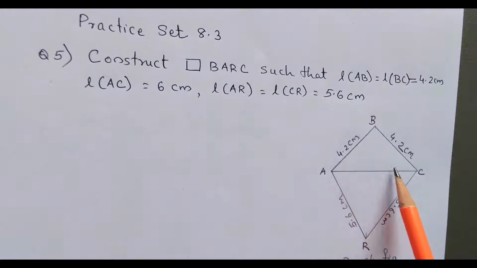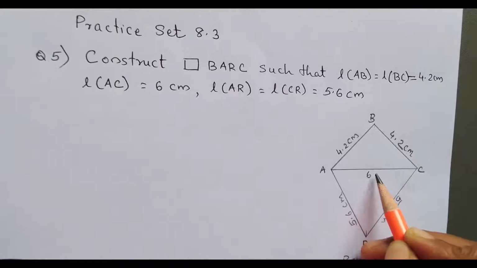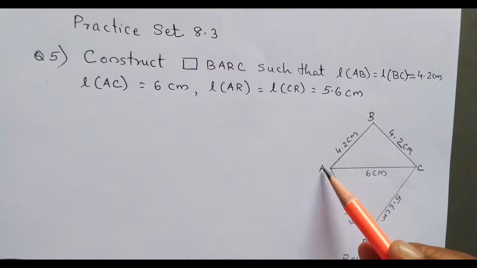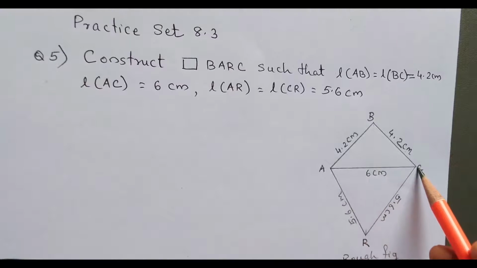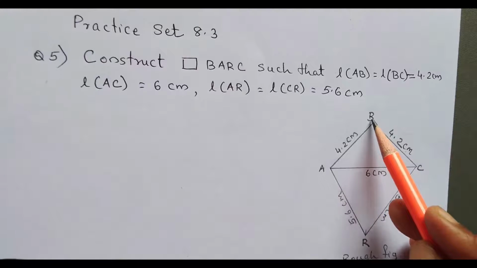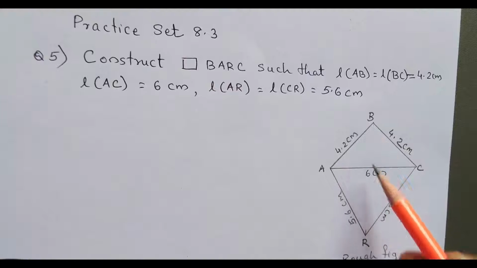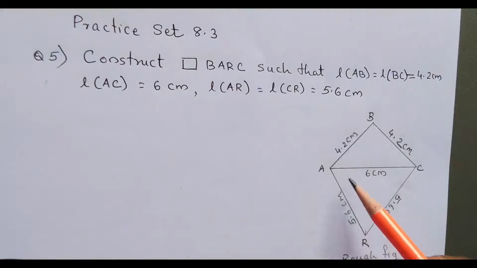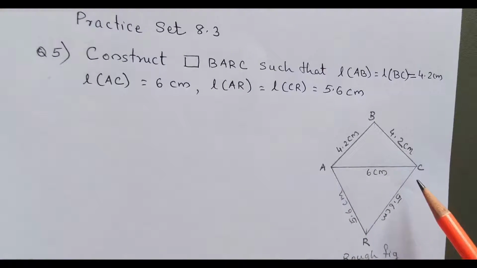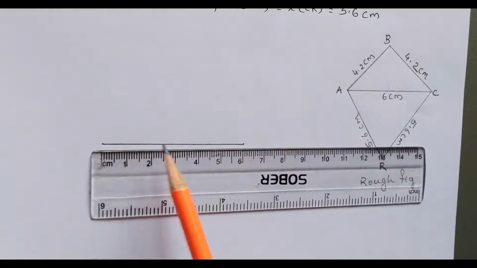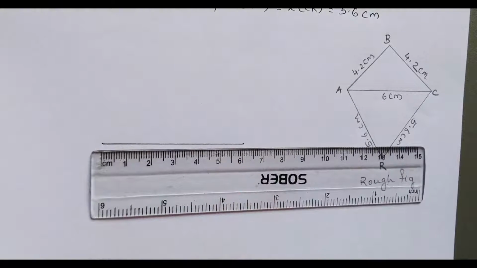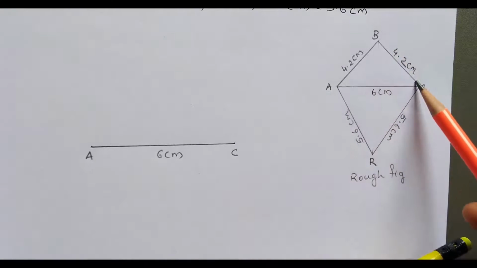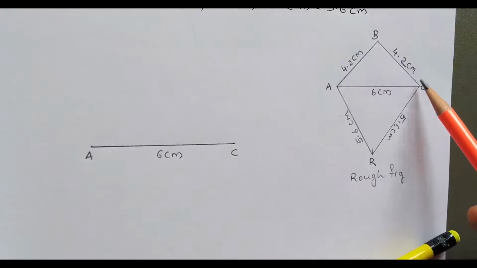Now the length AC is given 6 centimeters. So first let us draw the segment AC and construct the two triangles on either side of the segment AC. This is segment AC 6 centimeters. Now segment AB and BC are 4.2 centimeters.